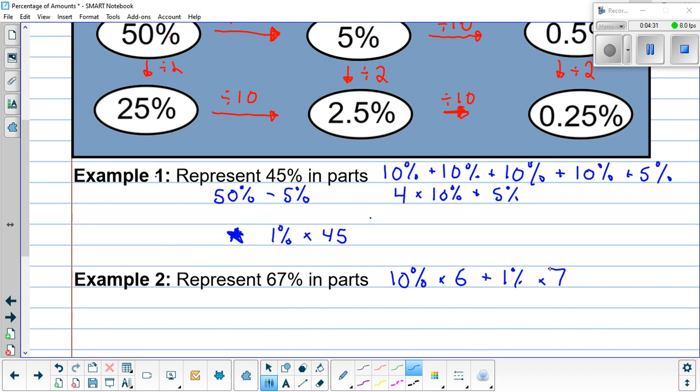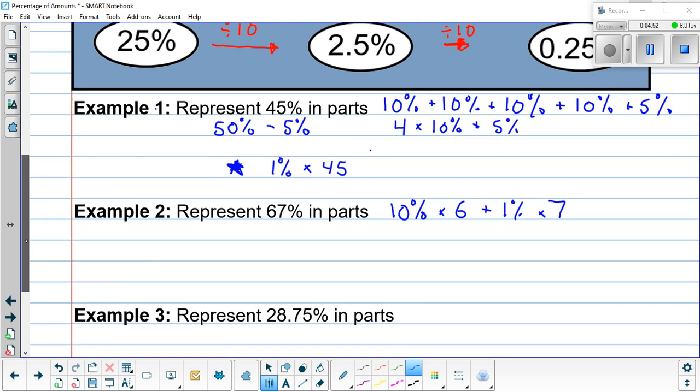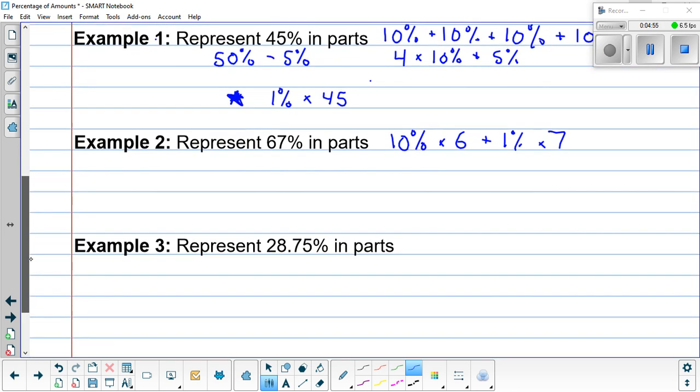I could have done 10% times 6 plus 5% plus 2%. I could have done 50% plus 5 times 3 plus 2. Lots of different ways. Whichever way makes the most sense to you, or when we start actually filling in values, whichever is the easiest to get.